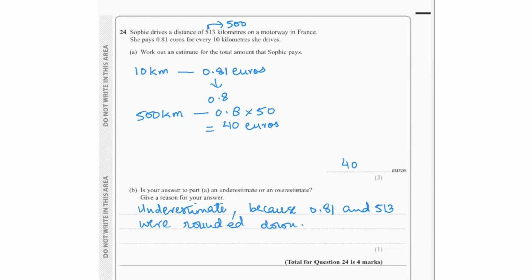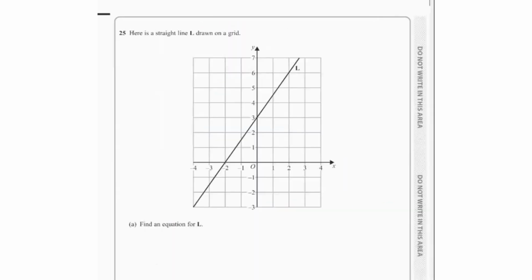So that's your answer. Question 25 says, here is a straight line L drawn on a grid. Find an equation for L. We can clearly see that this is our y-intercept. And for the slope, we can pick 2 points. Let's say these two, and we can find the rise over run.